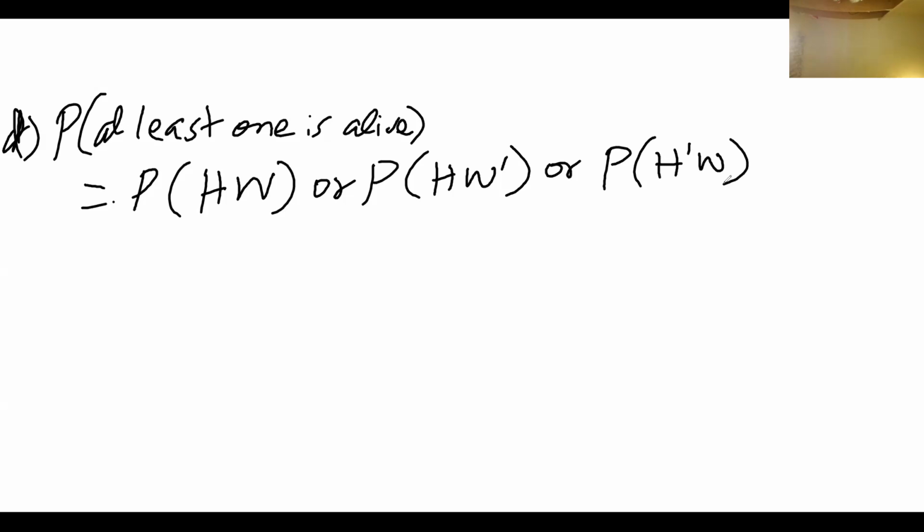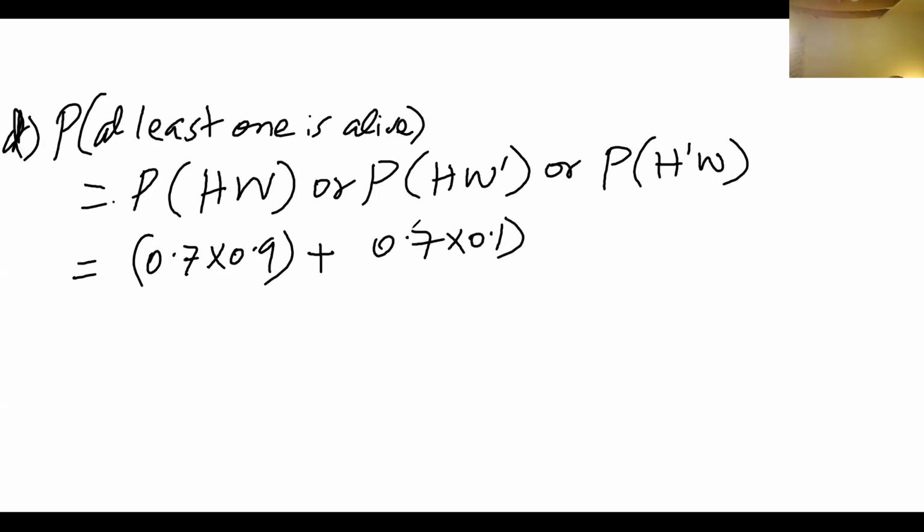So here, two of them are alive. Then the next one, husband is alive. Then the next one, wife is alive. So there, at least one is alive, and you get that. So here you will get 0.7 times 0.9 for both alive, then husband alive is 0.7 times wife dead 0.1, and husband dead is 0.3 times wife alive is 0.9.